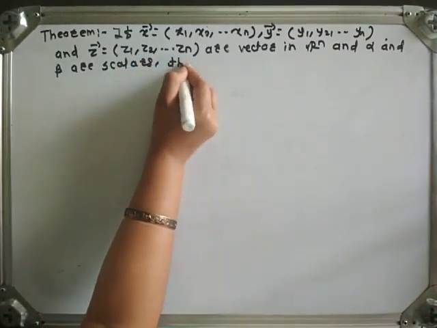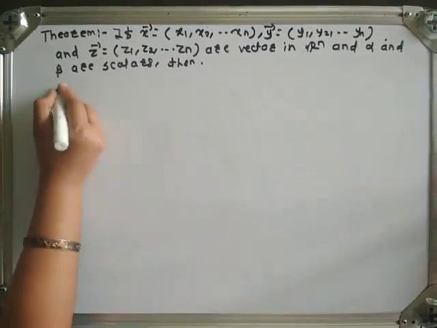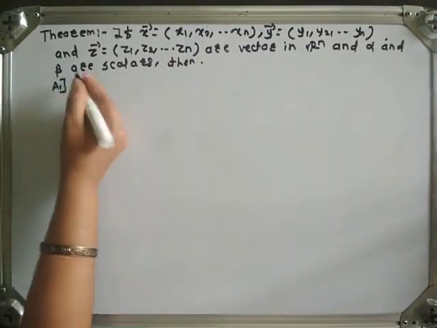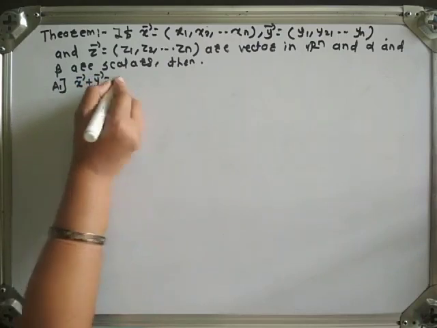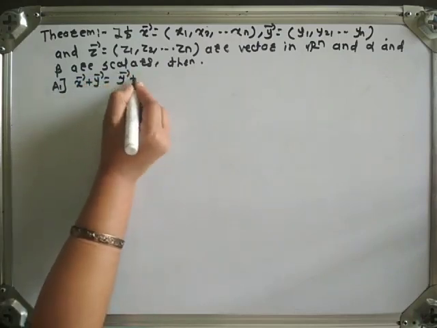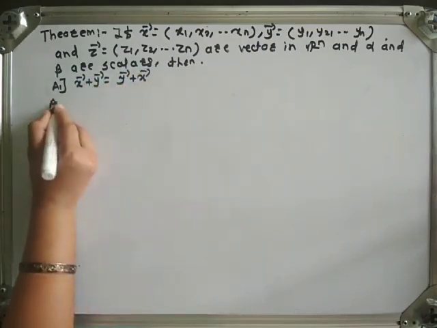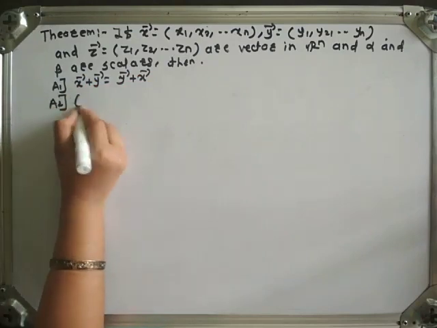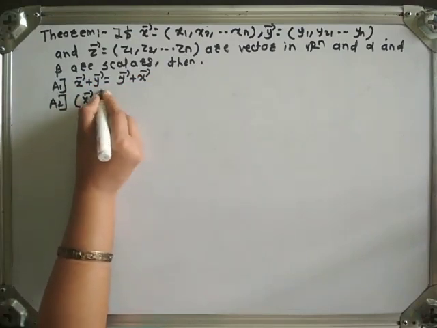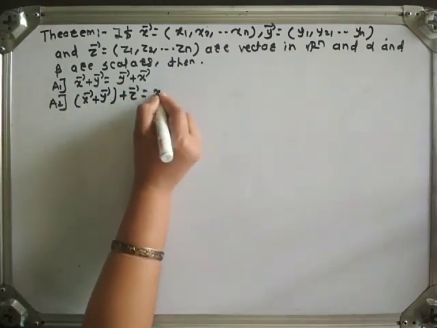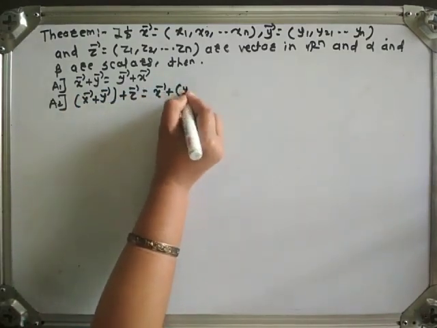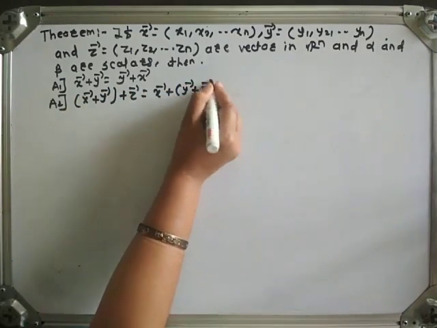Then A1 is x bar plus y bar is equal to y bar plus x bar. A2 is in bracket x bar plus y bar, bracket complete, plus z bar is equal to x bar plus in bracket y bar plus z bar.